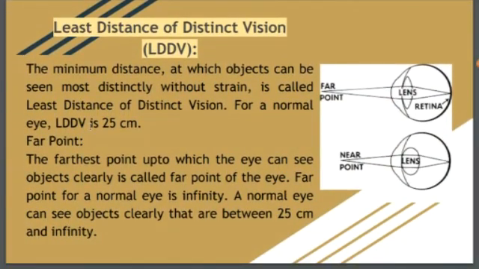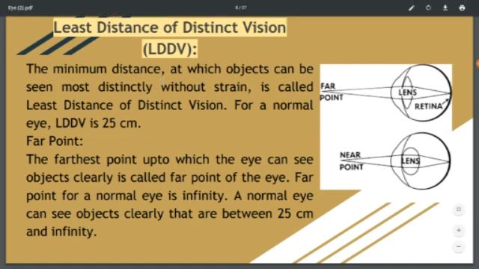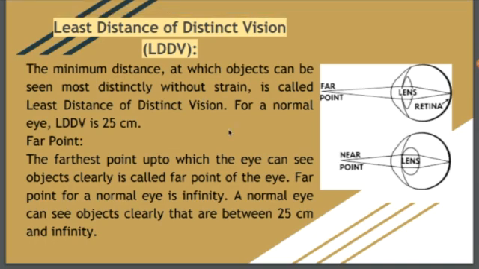The near point, that is the minimum distance where a normal person can see clearly, is 25 centimeter, and the faraway object which we can see is at infinity. The minimum distance at which the object can be seen most distinctly without strain is called the least distance of distinct vision.